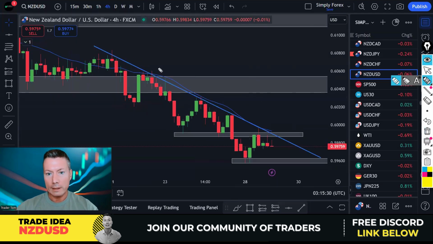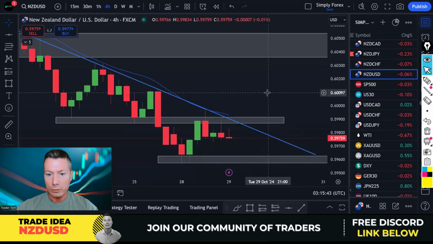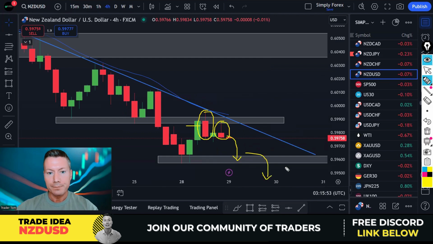You can see this trend line we've got where price keeps respecting the trend line, yeah? Okay, so we're in a downtrend, got this nice trend line, H4 downtrend. We've got these nice bearish candles as well. I was actually selling from in here, right? We've got these nice bearish candles. So at the very least, we can take price down to here, if not further. Okay, so New Zealand US dollar sells.